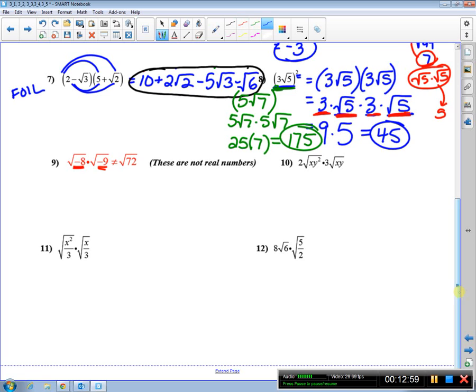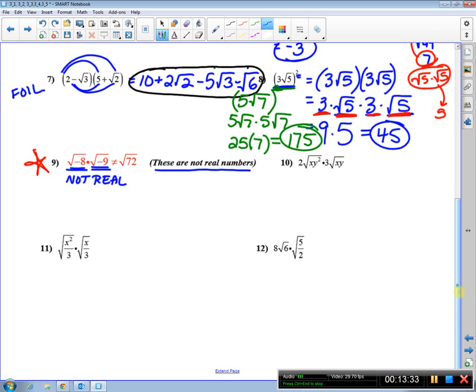But what happens here is that the square root of negative numbers is not real. So you can see these are not real numbers. And we're talking about the set of real numbers. And because they're not real, you can't do this problem. So please just watch out for these tricky ones where you have negatives under the radical, at least until we learn what else we can do with that.